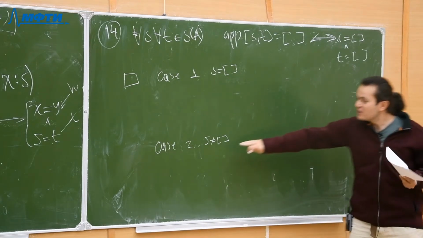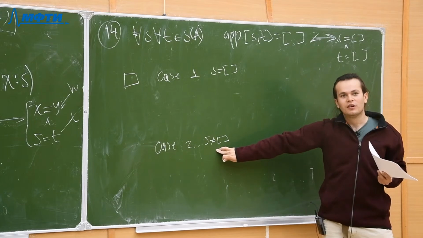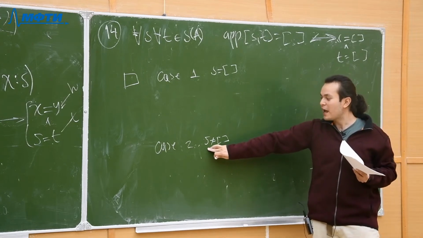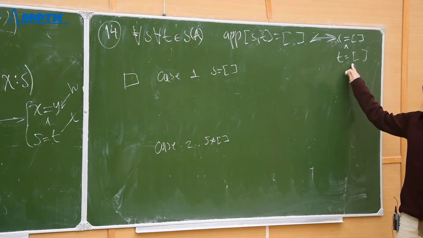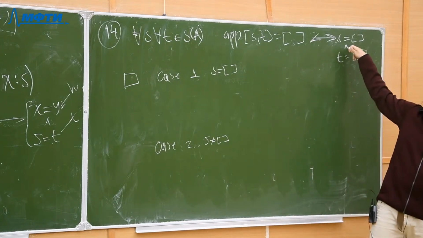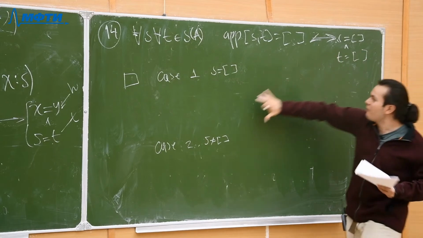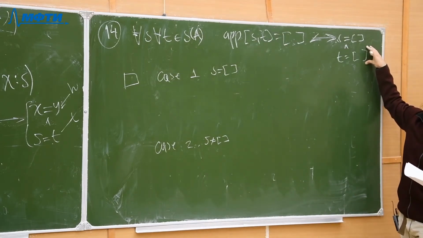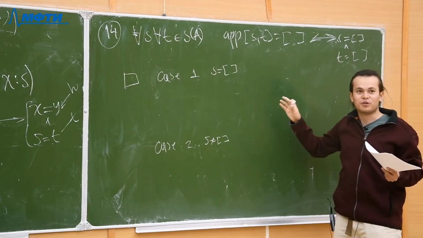Empty. And in this case, non-empty, because if S is non-empty and T is empty, then this is not true, right? So we take some values, we put them here, and we get some values for T. And that's the way we have to do it, okay?